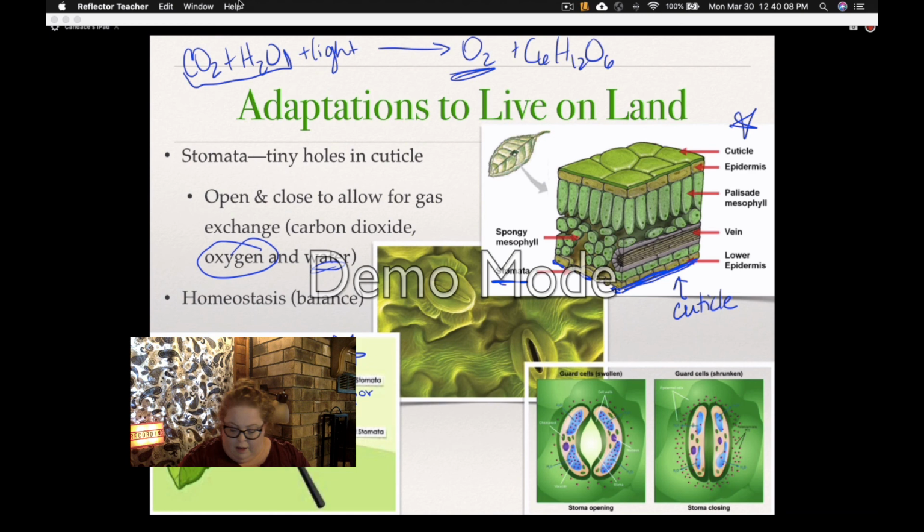Now, there are a couple pictures here that I think are nice. This is a scanning electron micrograph that has had color added to it digitally. This is a stomata that is closed. This right here would be the stomata. And then this would be the stomata that is open. Now, what would cause the stomata to open and close?